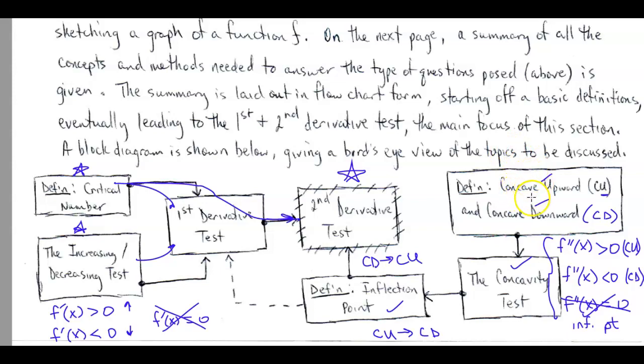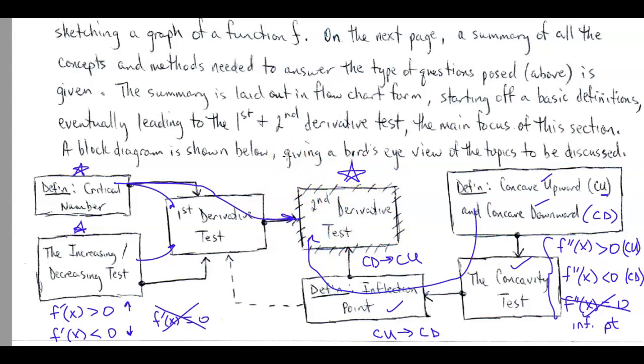But knowing what concavity is, being able to employ the concavity test, knowing what an inflection point is, and also using the critical values from here all roll in to be able to do what we're going to consider to be the second derivative test.